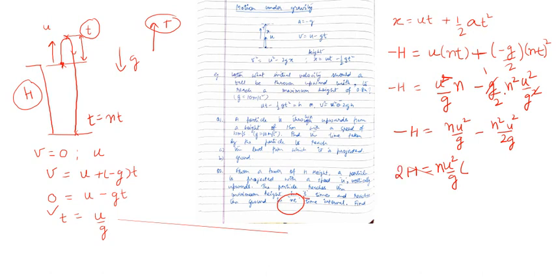So 2 I have taken on the left hand side of the equation, and this comes out to be some 2 minus n.